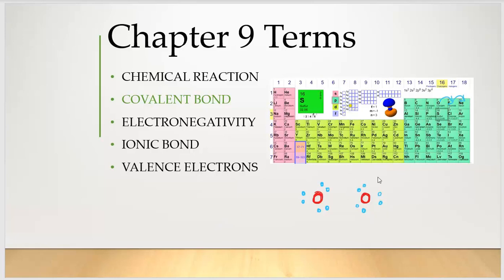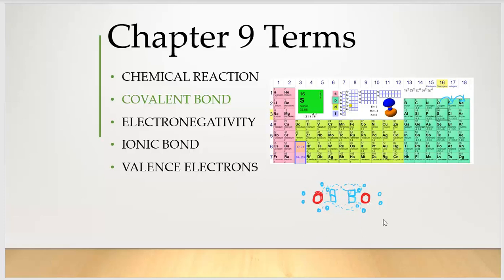Because we would not want 6, we would want 8, in the n equals 2. So in order to do that, this one creates a space for two electrons, and it uses this electron and this electron. This atom creates two spaces for electrons and uses this electron and this electron, and so they share.